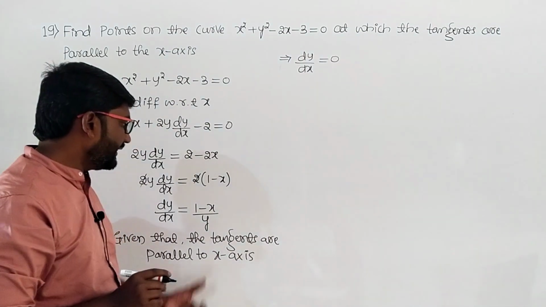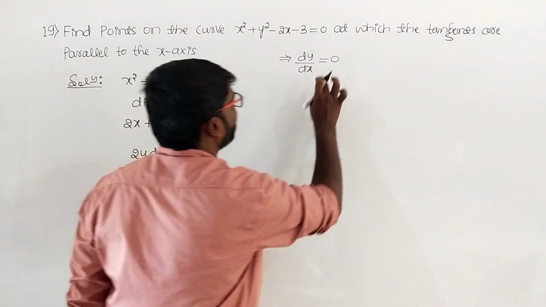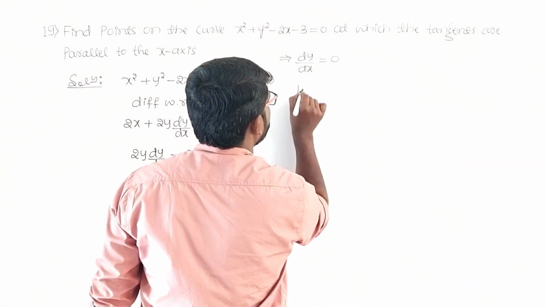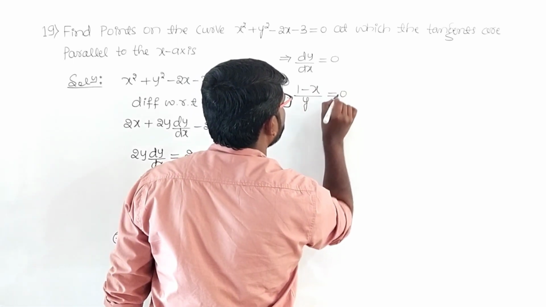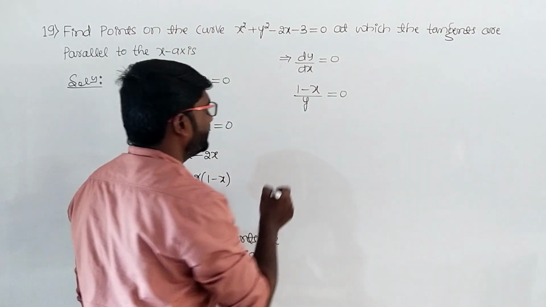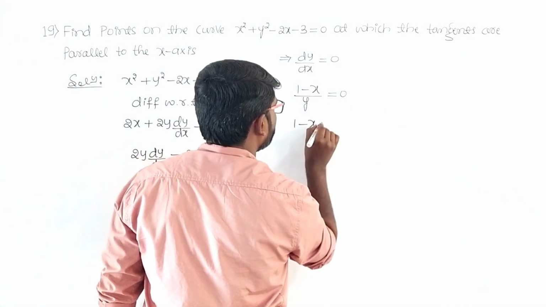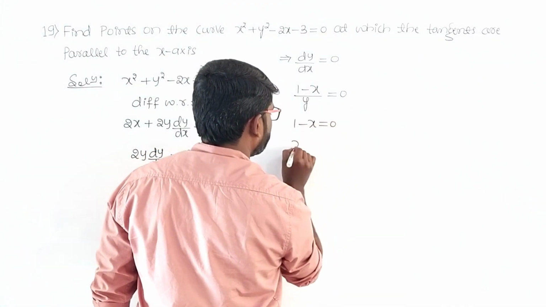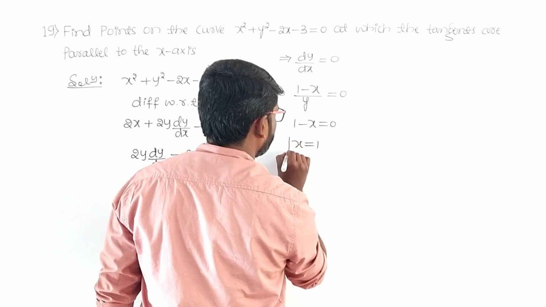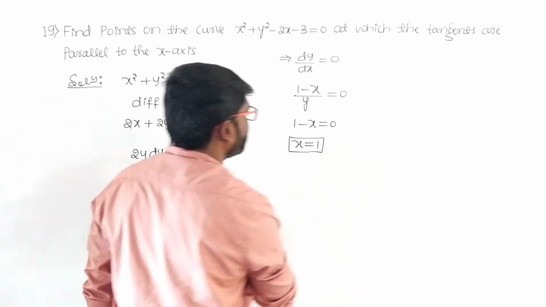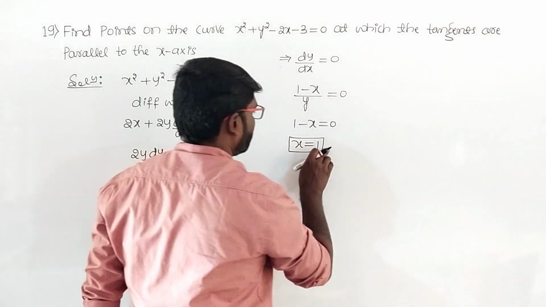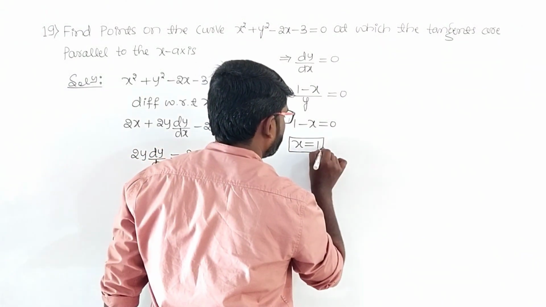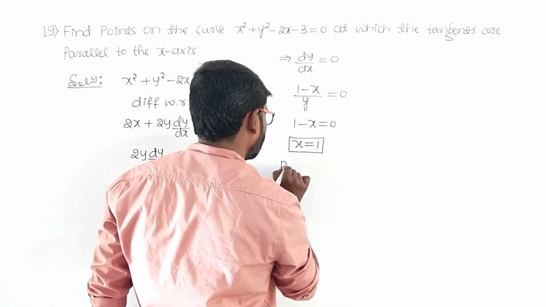What is dy by dx? It is 1 minus x divided by y. It is 1 minus x divided by y is equal to 0. Take y to the RHS, it will be 0. You get 1 minus x equal to 0 or x is equal to 1. You have got the value of x. Substitute x equal to 1 in the given equation. You get the y values. Put x equal to 1.